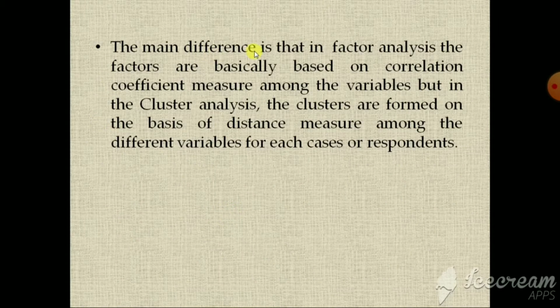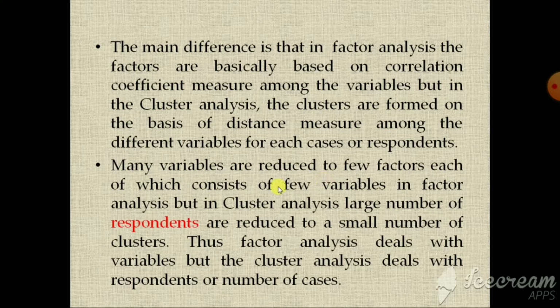The main difference is that in factor analysis, the factors are based on the correlation coefficient measure among the variables, but in cluster analysis the clusters are formed on the basis of distance measure among the different variables for each case or respondent.